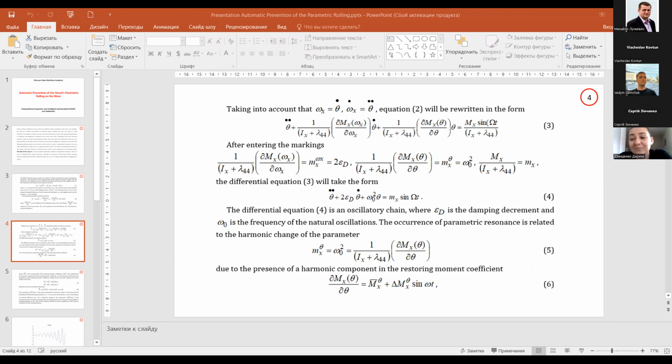After entering the markings, the differential equation 3 will take the form 4. The occurrence of parametric resonance is relative to the harmonic change of the parameter omega 0 squared, represented by the formula 5.